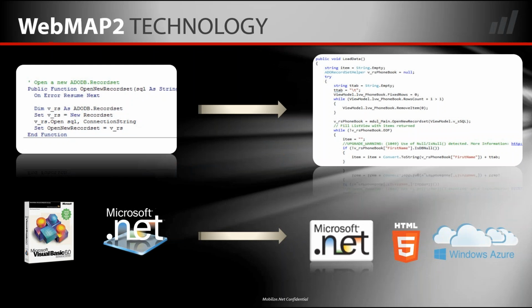So the technology that's the most radical here at Mobilize.net is a product called WebMap. WebMap basically allows you to go from the desktop directly to a well-formed modern web application. And by that, I'm not talking about some way to virtualize the application, just put it on a server so that people can remote desktop into it.